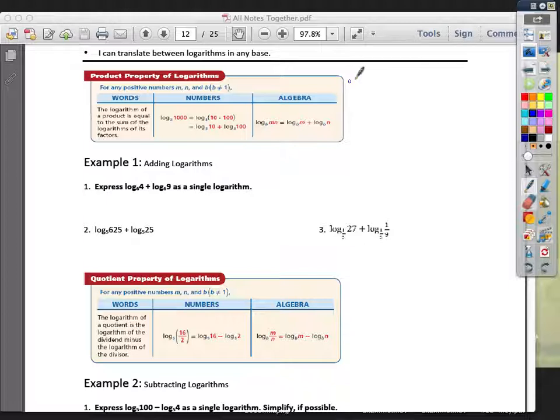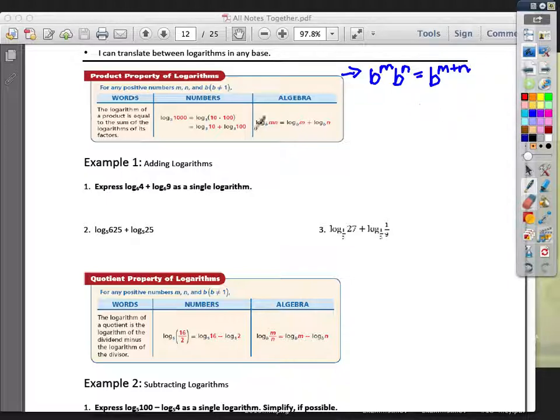Here's what I mean. The product property of logarithms compares very well to our property of exponents, where if you have the like base, what can you do with those exponents? As we established earlier this year, you can add them.